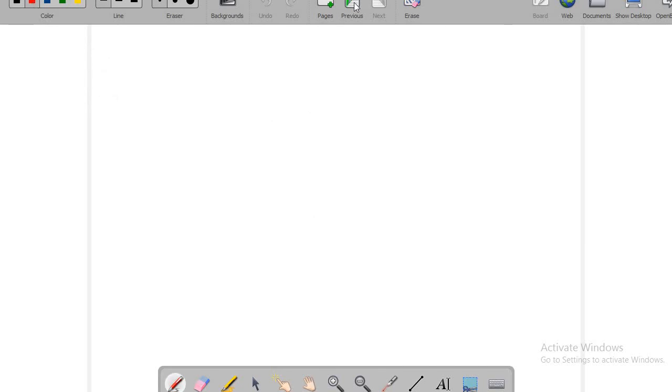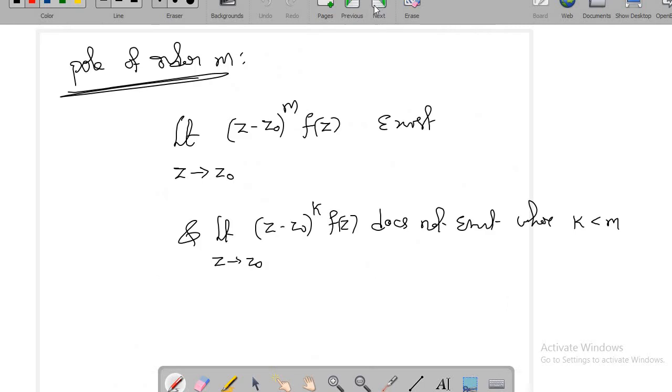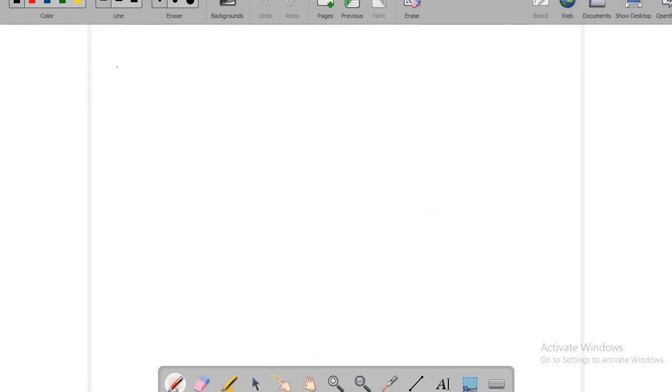Let me continue the numbering. Now this time let me give you example 5. f of z equal to e power z minus 1 by z.